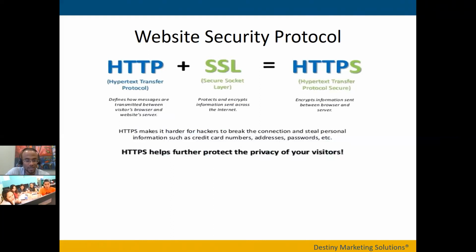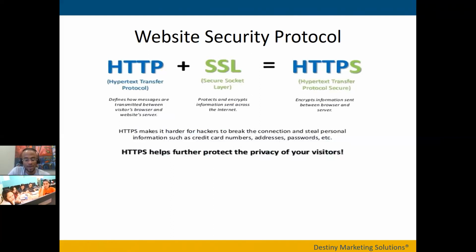So HTTP is kind of the starting point. Now, in order to make your website secure, you have to add an extra layer of security. And that's called SSL, which stands for Secure Socket Layer. What this extra layer does is encrypt information sent across the internet.